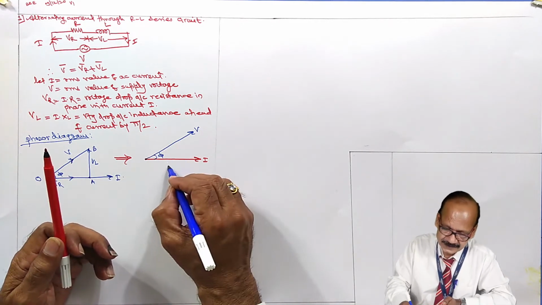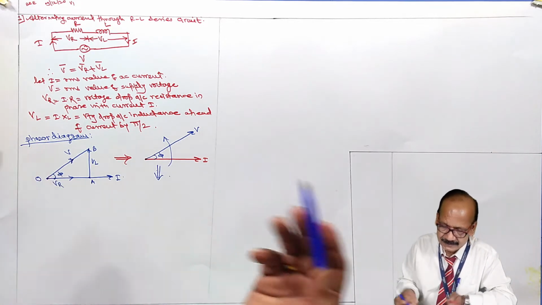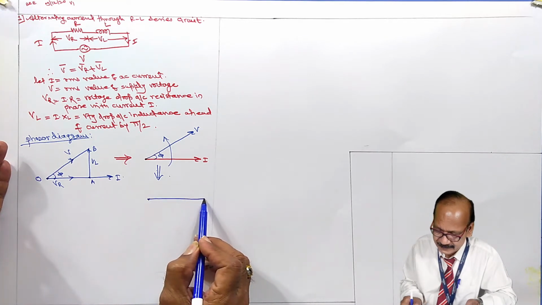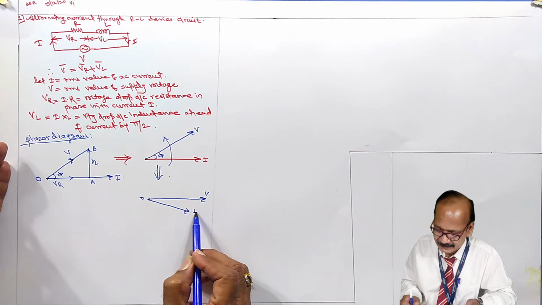The same can be written by considering voltage as a reference vector, say this is V, then current will be here.